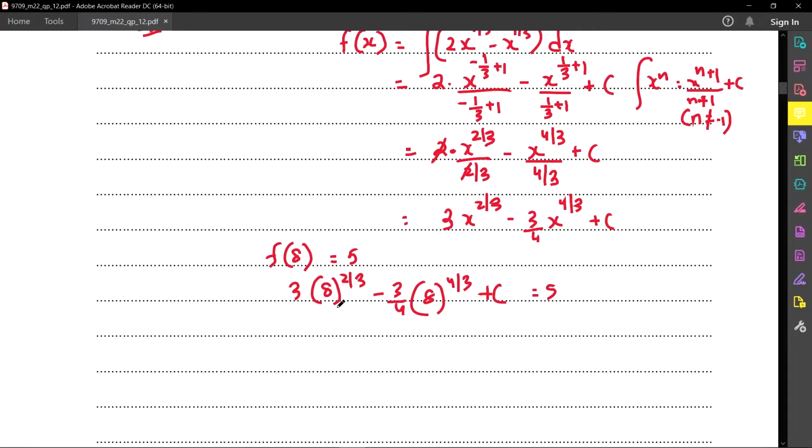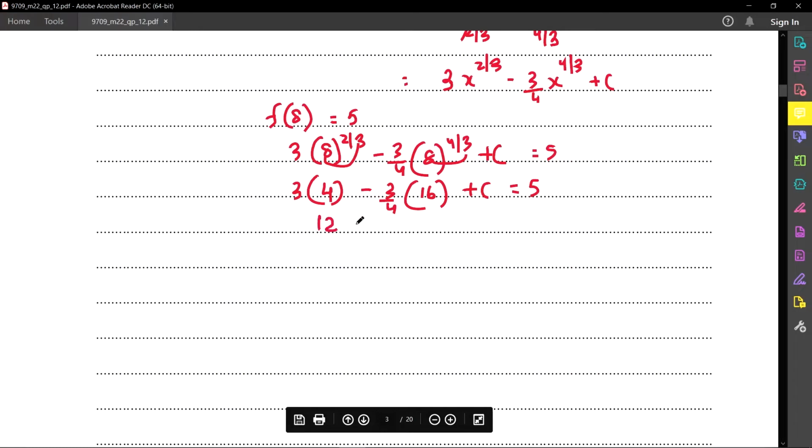You can use a calculator here or you can use mental math. The cube root of 8 is 2, and 2 squared will give you 4. And here it is 3 by 4. Again, the cube root of 8 is 2, 2 power 4 is 16, plus c equal to 5.